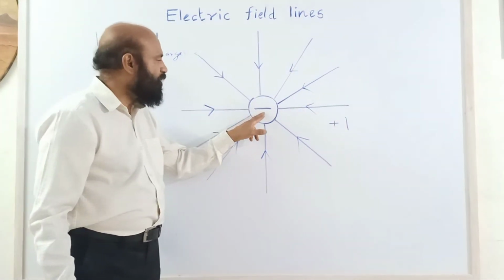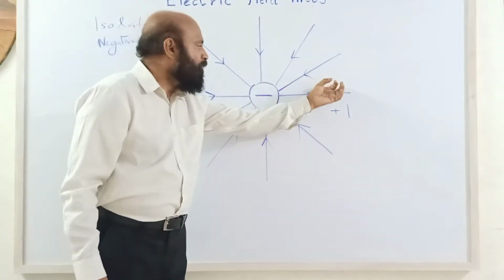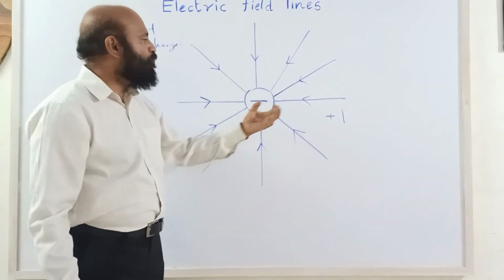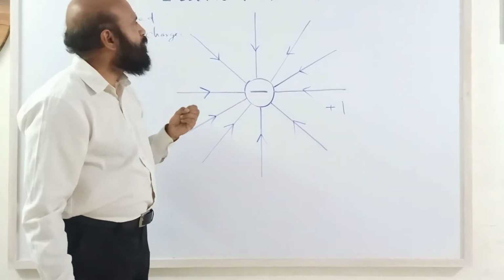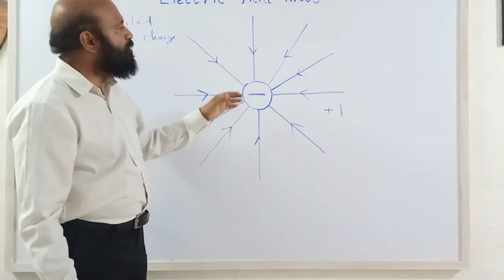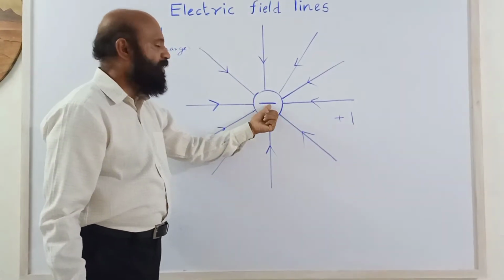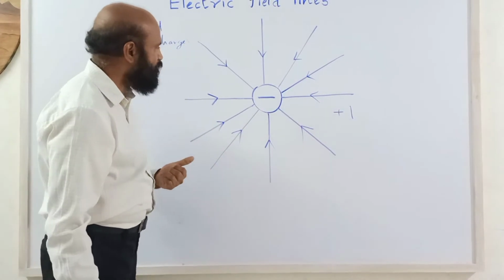Now this negative charge will attract this positive charge, so it will tend to move along this direction. So the field is directed towards the charge. So electric field lines are directed towards the charge. So it starts from infinity and ends at the negative charge.